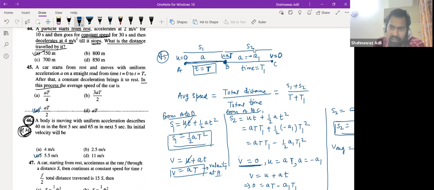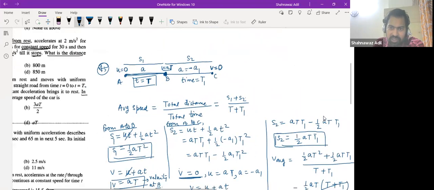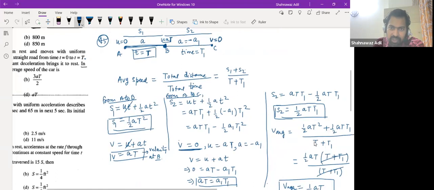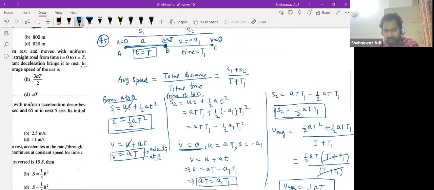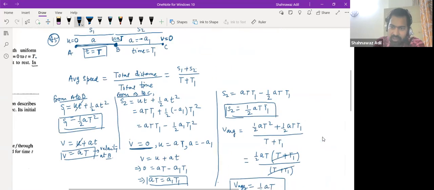So we calculated S1 and S2 and then divided by total time. So this was the equation. Please take a screenshot of this question and then we do the next one. Try to understand, and if you face any problem, please ask. Yes, sir.